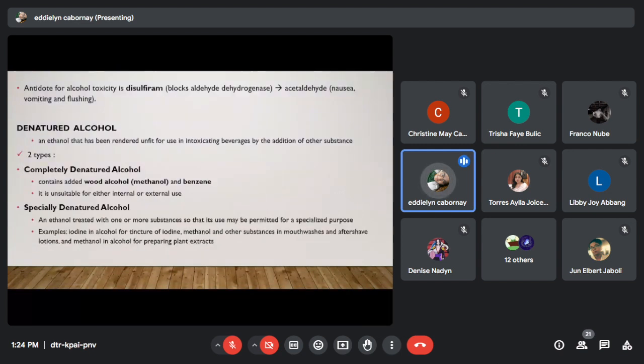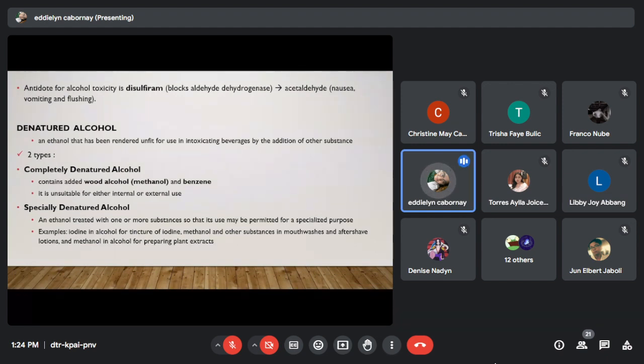Okay, so we have the antidote for alcohol toxicity. It can be fomepizole and disulfiram. For alcohol abuse or alcohol toxicity, usually prescribed is the disulfiram. It blocks aldehyde dehydrogenase.